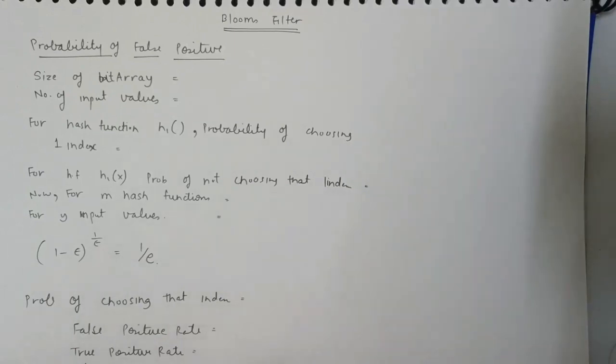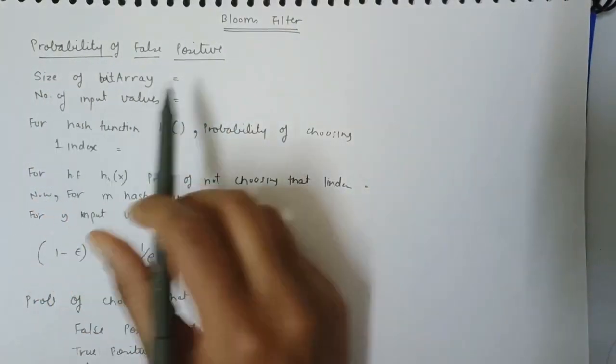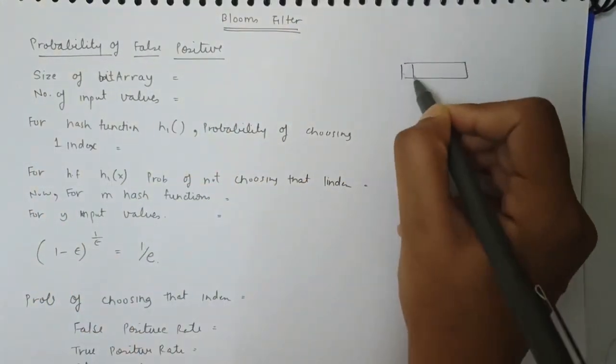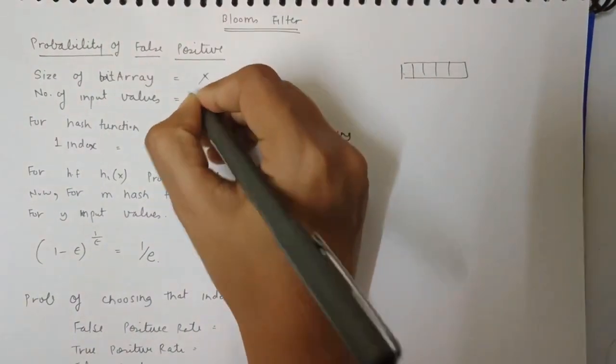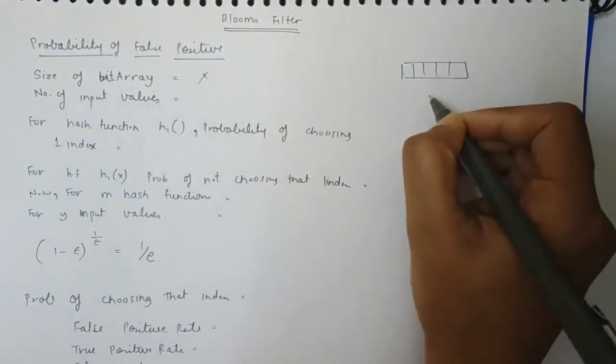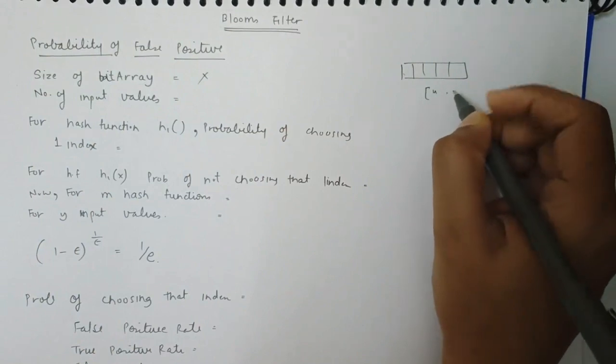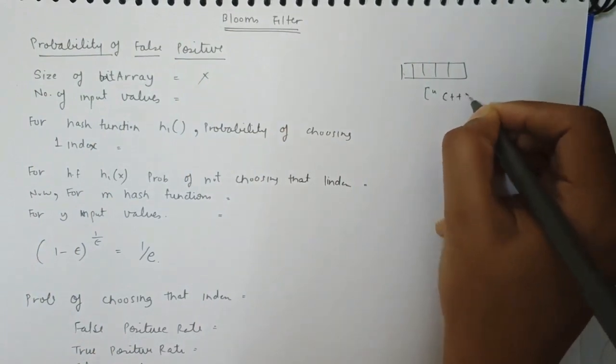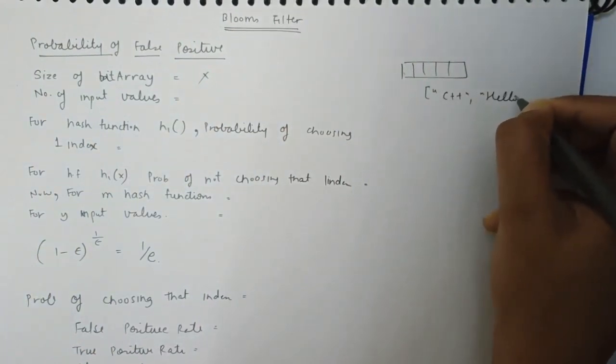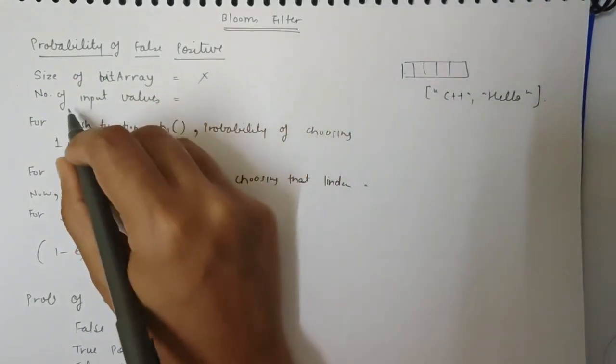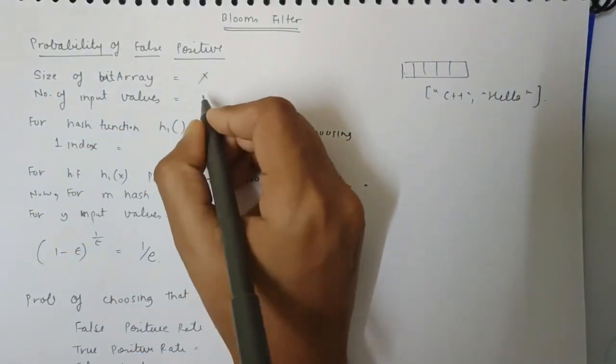Now let's calculate the probability of the false positive rate. For this, we'll assume the size of the bit array, that is this one, as x. The number of input values in the array that were given to us, like C++, hello, example, etc., we'll take as y.